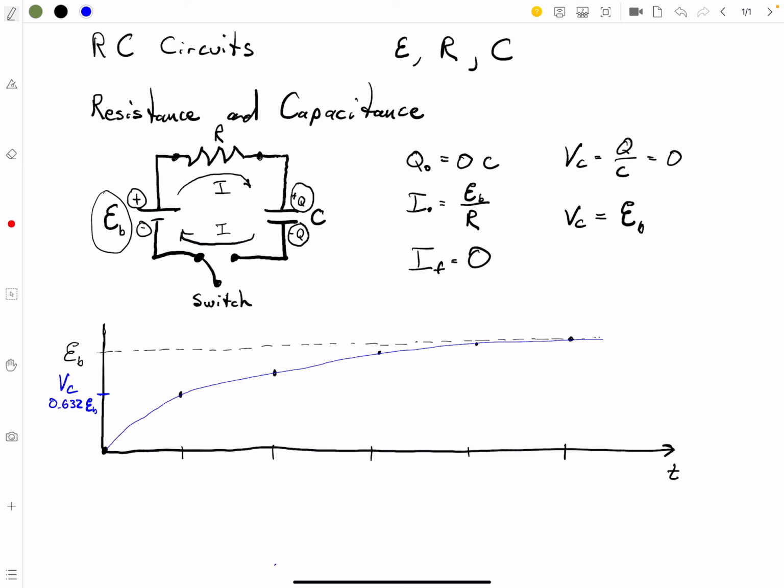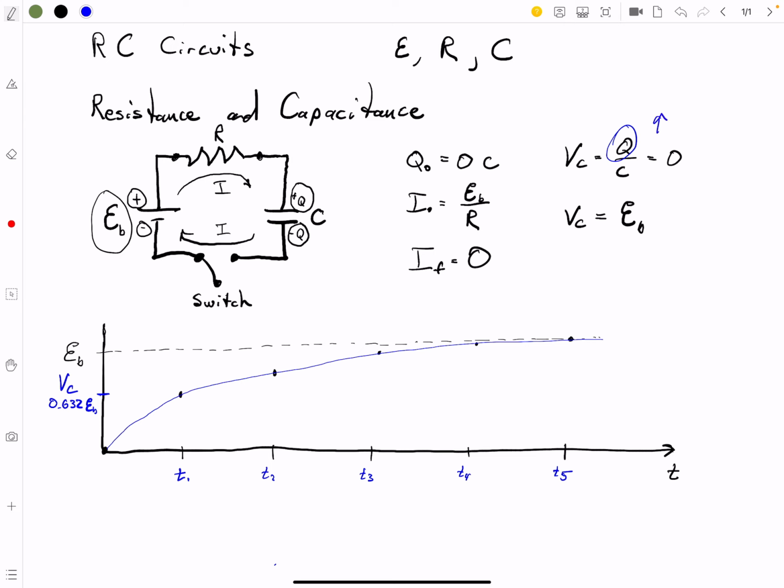Okay, so here's the thing. At a certain time, this is our first one, T1, here's T2, T3, T4, and T5. The charge Q is gradually going to increase, and it takes time.